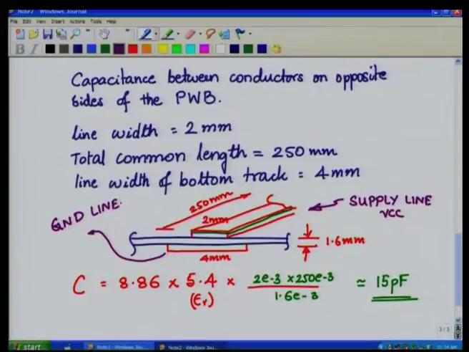Normally, the ground line is much thicker, has a greater width than the supply line, and the capacitance between the supply line and ground line for this kind of specification, a 2 mm supply line, a 4 mm ground line for a 250 mm common length, is around 15 pF.